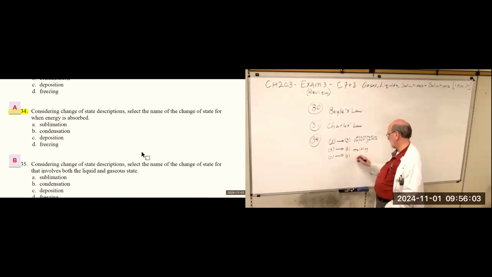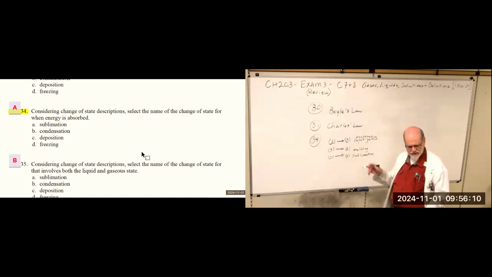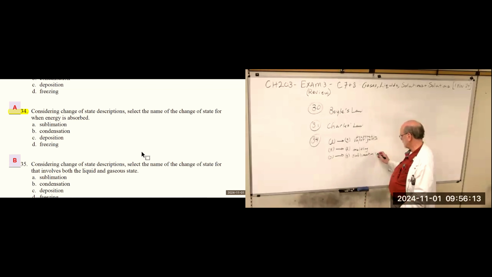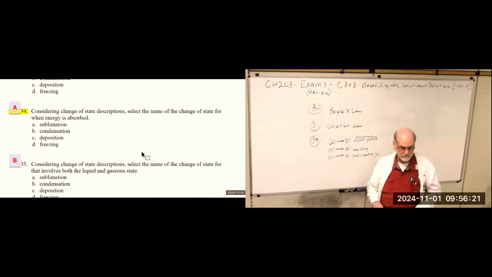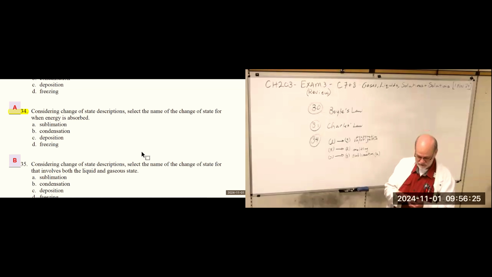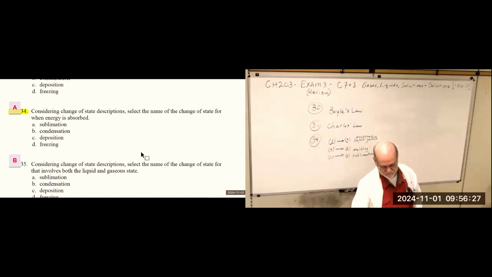Solid to gas, we did that one earlier. Sublimation. So are any of these in there? Yeah, sublimation right there. A. Condensation, deposition, freezing. Those are all exothermic processes. They have to give up energy in order to accomplish that phase transition.